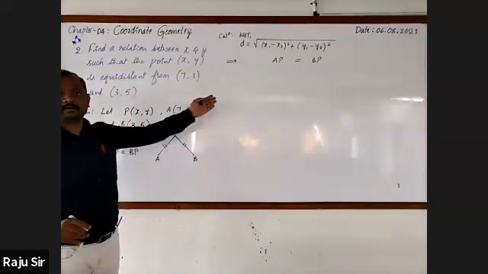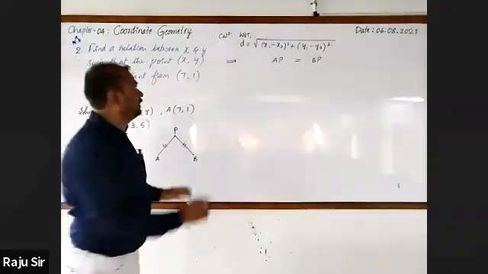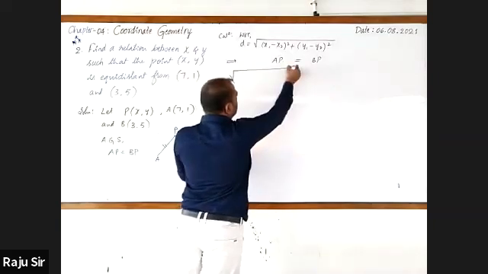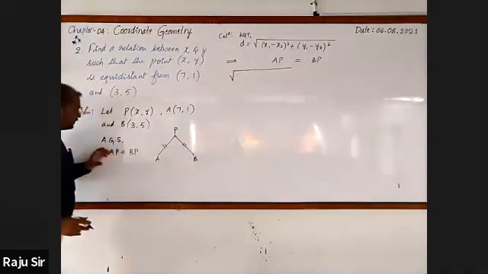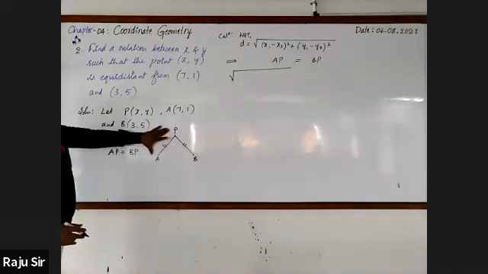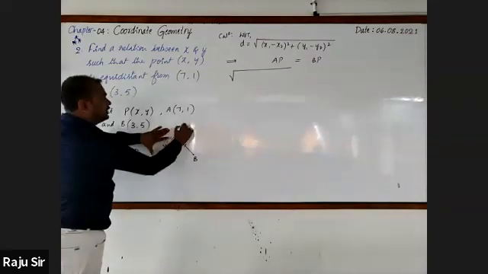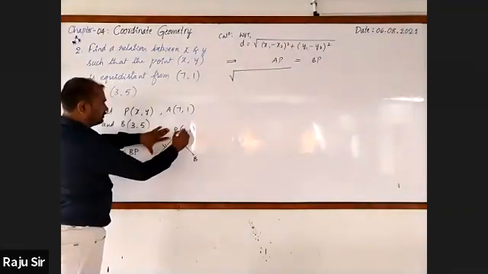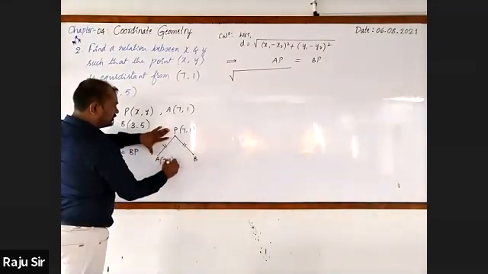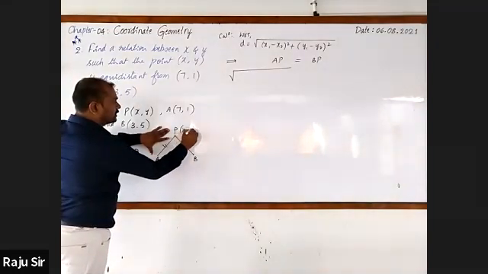Have you written? Let us find out AP. AP is square root of, A is 7 comma 1 and P is x comma y.